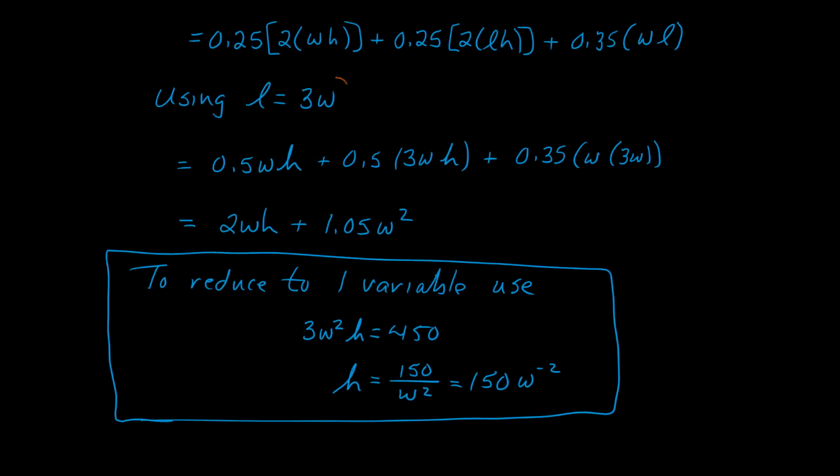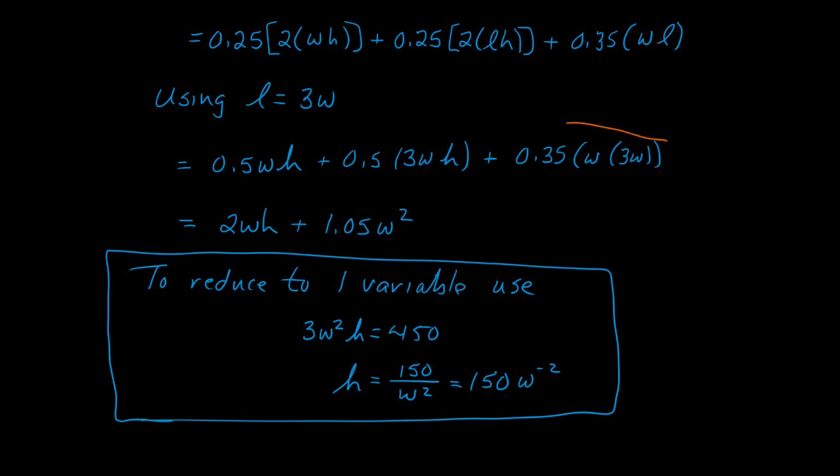So I can put 3 times the width in here and also in there, which allows me to rewrite this equation as 3 times width height here and 3 times width there, substituting 3W for L. When you multiply things together, for example, I take the 0.5 times the 3, which gives me 1.5 WH plus 0.5 WH, so we get 2 WH.